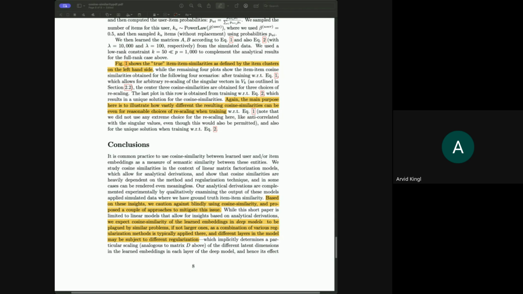And I wonder whether that can give an alternative description of what the model has learned.